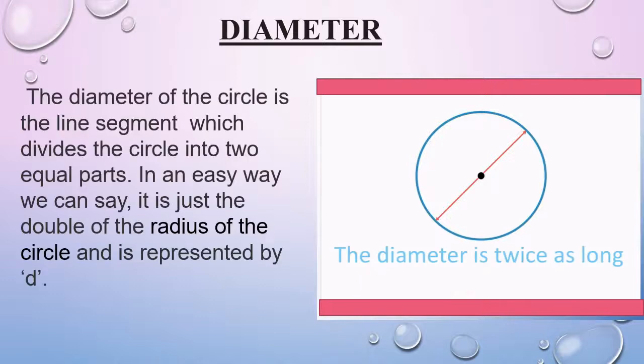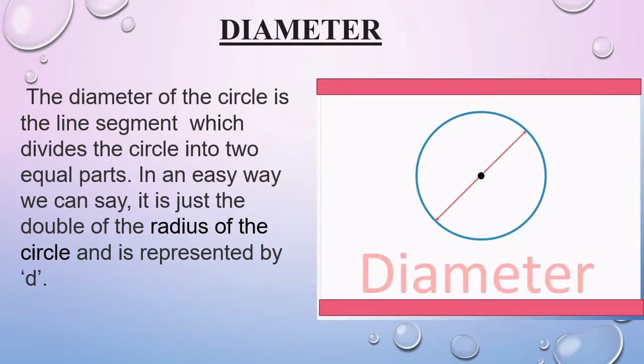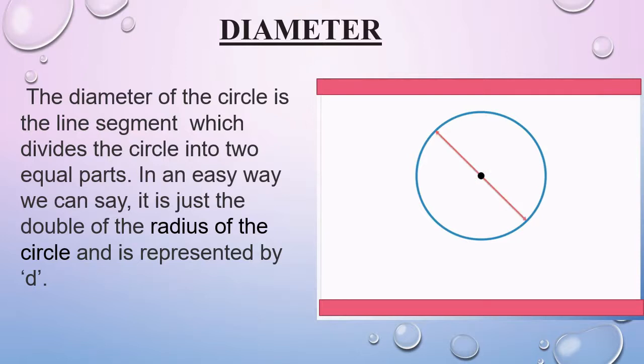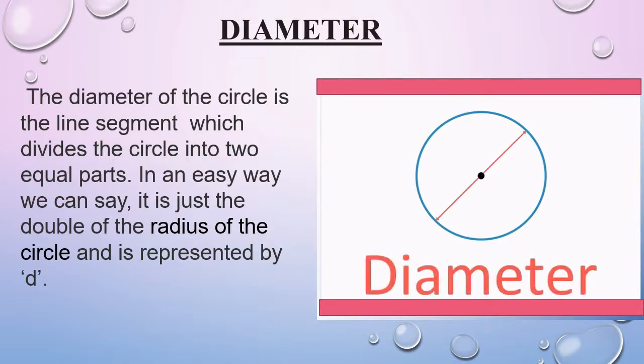Diameter. The diameter of the circle is the line segment which divides the circle into two equal parts. In an easy way, we can say it is just the double of the radius of the circle and is represented by small d.